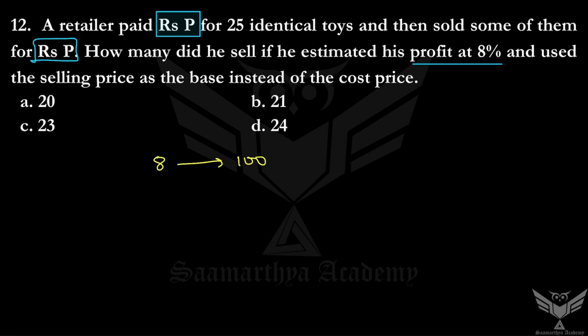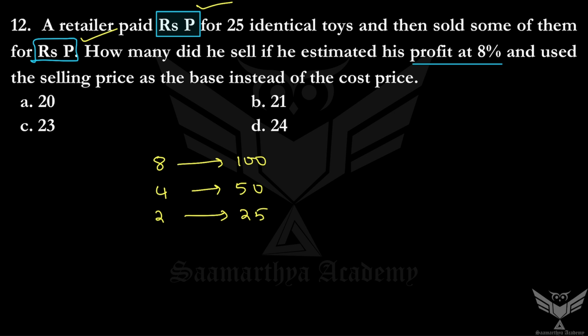If you are selling 100 toys, 8 you are keeping with you. Whatever the amount she has spent, P rupees she got back by selling some toys, which is less than 25 in quantity. Now profit is 8%, 8 for rupees 100. Then it is same as 4 for rupees 50. Then it is same as 2 for rupees 25.